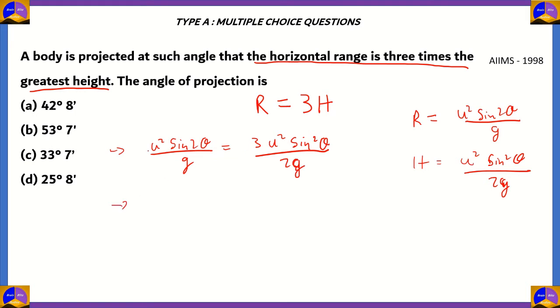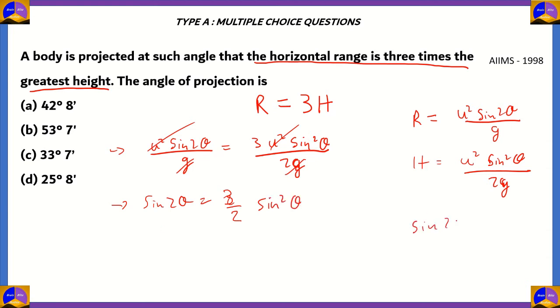Now, over here, you can cancel out u squared and g. So the left-hand side is sine 2 theta, and the right-hand side is 3 by 2 sine square theta.